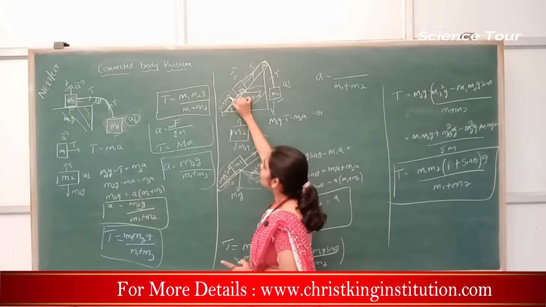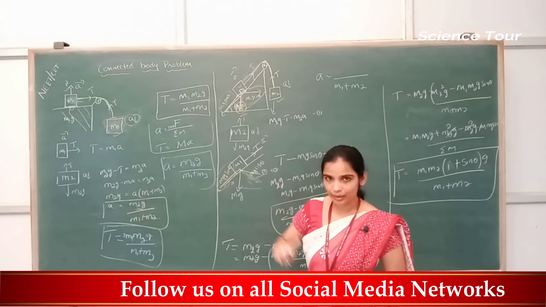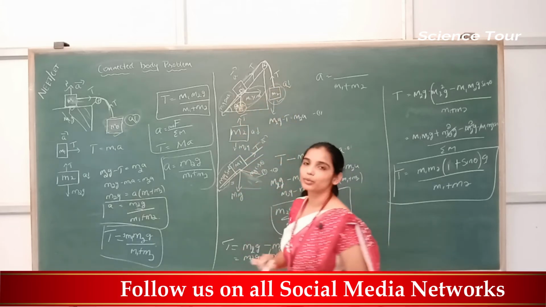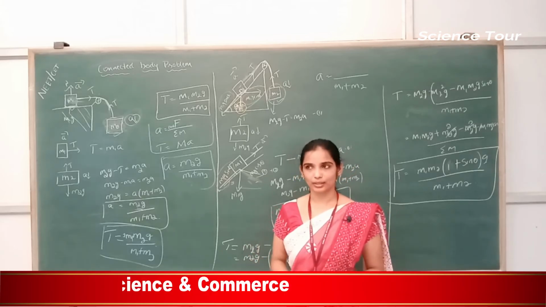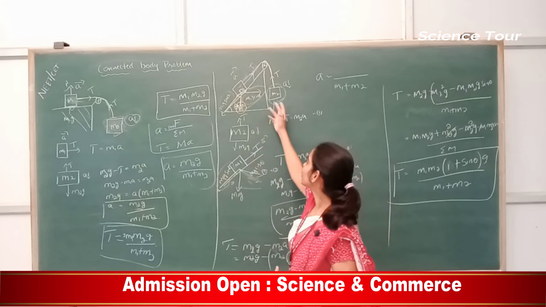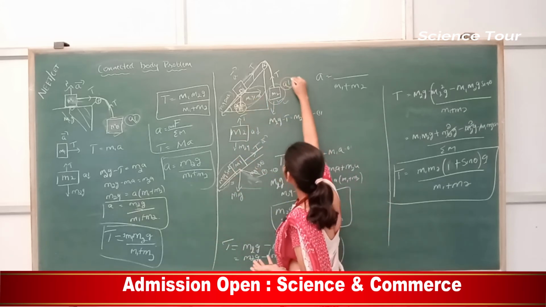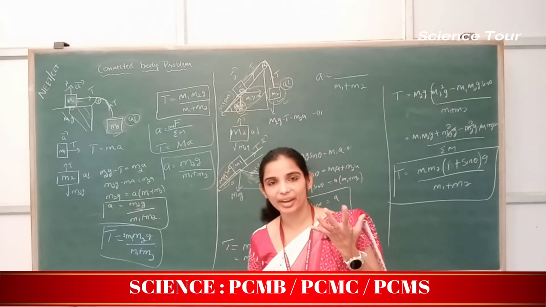m1 g sin theta is the component of the weight of m1, and the weight of m2, they are responsible for the acceleration of the two bodies. Now which is greater, m2 or m1? Obviously m2 is greater because acceleration is towards m2, the weight of m2.